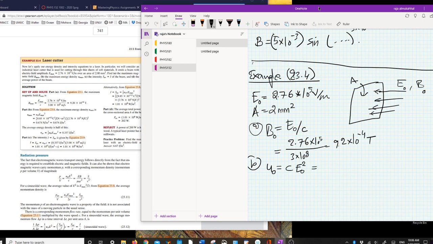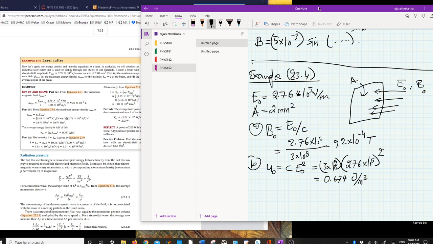Okay, we have everything, so that's just 3 times 10 to the 8 times E naught, 2.76 times 10 to the 5th quantity squared, and then we calculate that, and you will end up with 0.674. And of course, what's the unit of energy density? It's joule per volume, so that makes it joule per meter cubed. Got it? Okay.